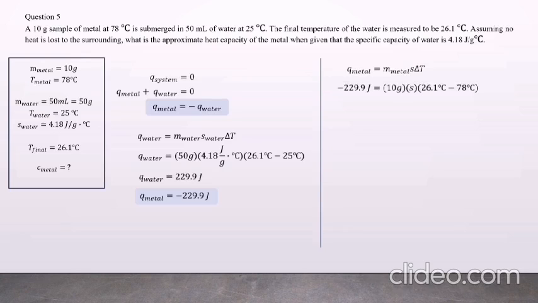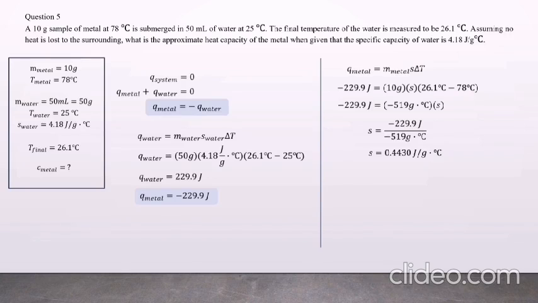So delta T is equal to 26.1 degrees Celsius minus the initial temperature of the metal, which is 78 degrees Celsius. From the equation, we know that s is equal to 0.4430 joule per gram degree Celsius, and this is the specific heat capacity of the metal.